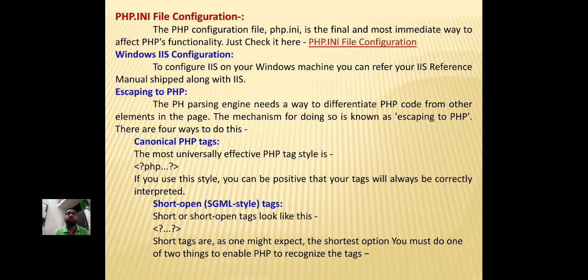Escaping to PHP. The PHP parsing engine needs a way to differentiate PHP code from other elements in the page. The mechanism for doing so is known as escaping to PHP. There are four ways to do this. Canonical PHP tag.